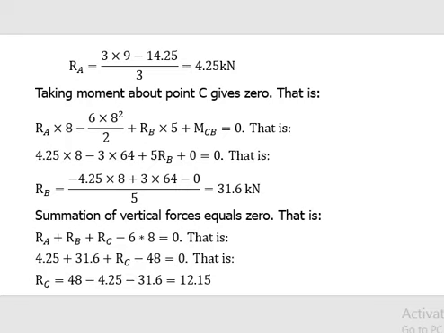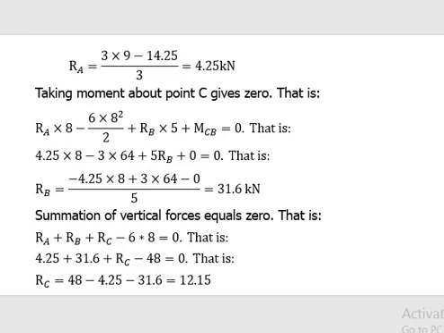Now, taking moment about point C will also give us 0. That is RA times 8, that is the total length, minus 6 times 8 square over 2, plus RB times 5, plus MCB. But MCB in this case is 0, but you still have to add it there. After simplifying, we got RB to be 31.6.